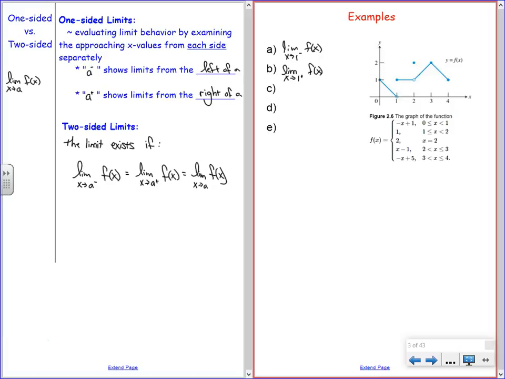Just trying to refresh my mind. No, if there's a hole, it's removable, isn't it? Well, this is set up by a piecewise though. There's a hole at x equals 1. If it was a function, then we could state whether it was removable or non-removable.